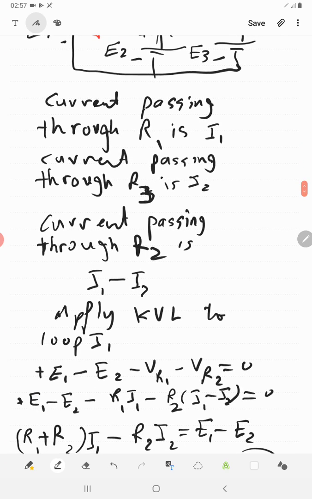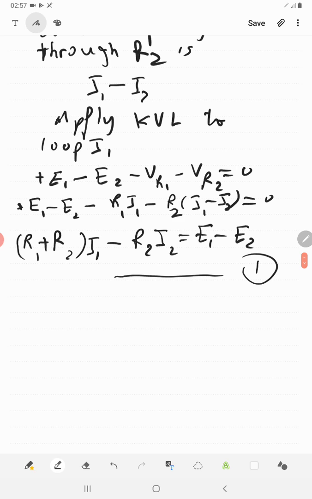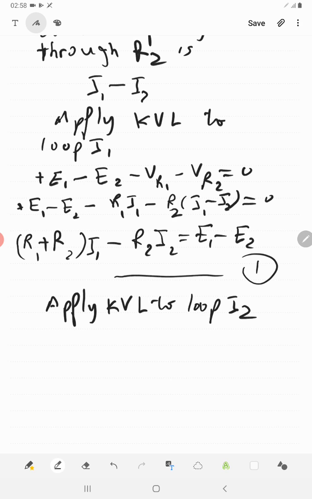If we apply the same rule, apply KVL to loop I2, we do the same. Now we're talking about I2, so it's plus (R2 plus R3) I2.